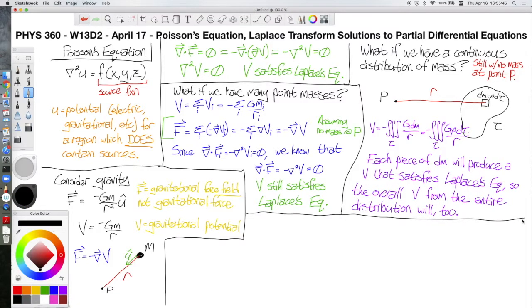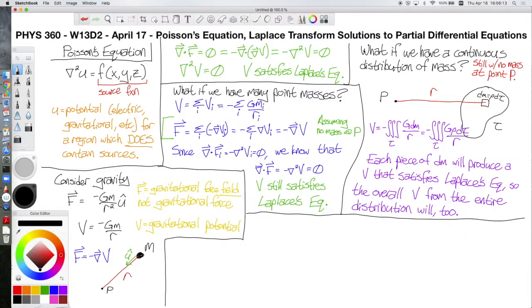So what we've done now really doesn't have anything to do with Poisson's equation just yet. We've been considering the gravitational potential at this point P, either from a single mass, from a series of point masses, or from a continuous distribution of mass. And in all of these cases, there is no mass at point P, and we've shown that our V will satisfy Laplace's equation.